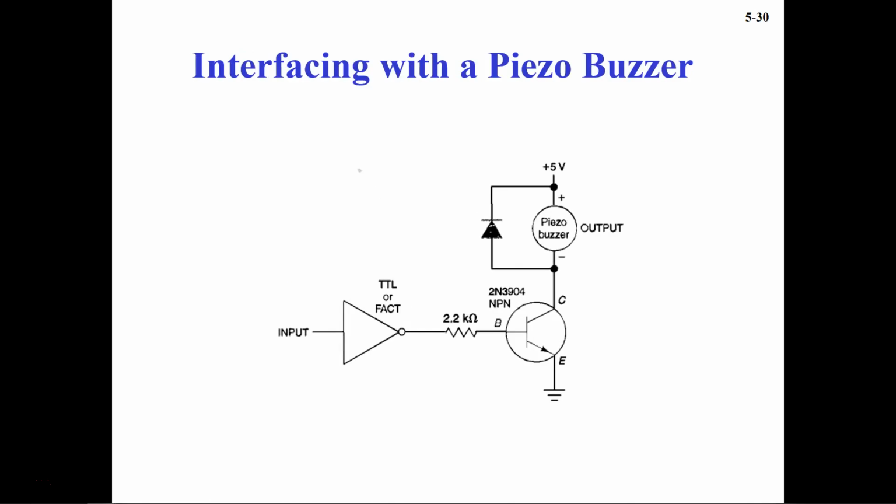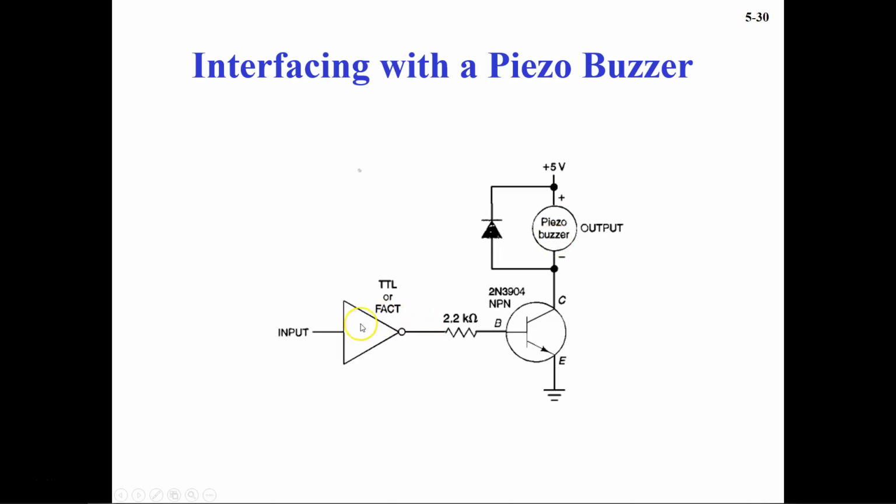Now our first is interfacing with a piezo buzzer. So you see, a piezo buzzer is our output, which is connected to this logic circuit. And this piezo buzzer is a modern signaling device which draws much less current than old buzzers or bells.